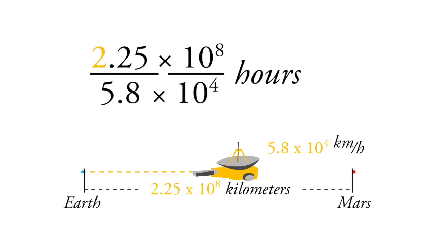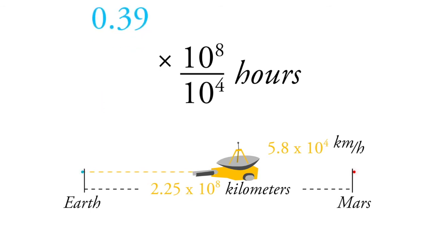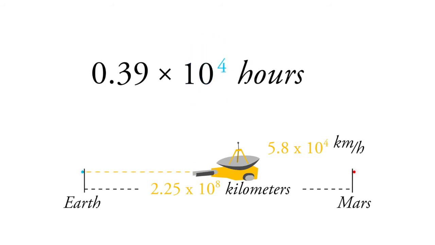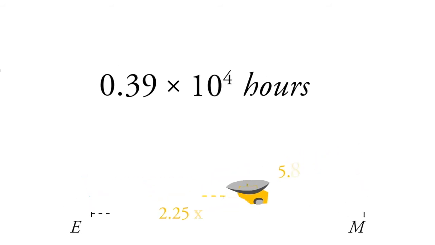And so we can take 2.25 divided by 5.8, and that gives us 0.39. And we have 10 to the 8th divided by 10 to the 4th. And so we know 10 to the 8th divided by 10 to the 4th is just 8 minus 4, 10 to the 4th. Our answer is 0.39 times 10 to the 4th, but that's not our answer.